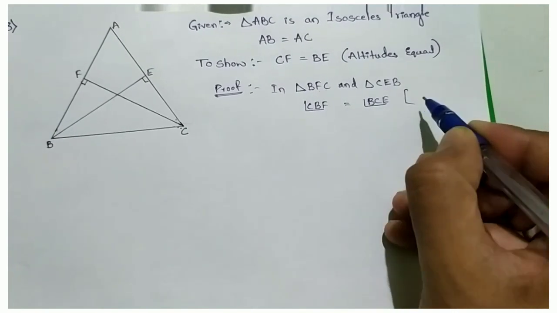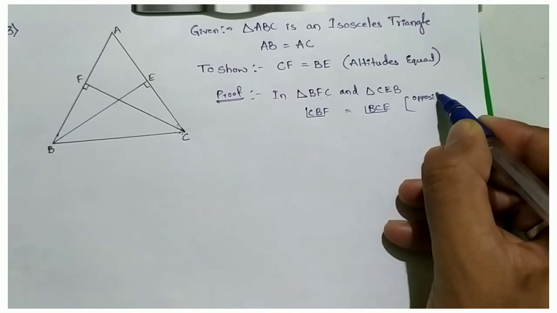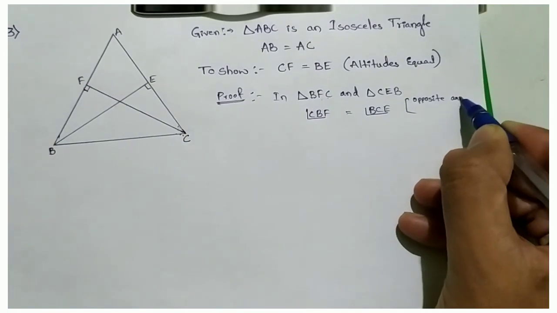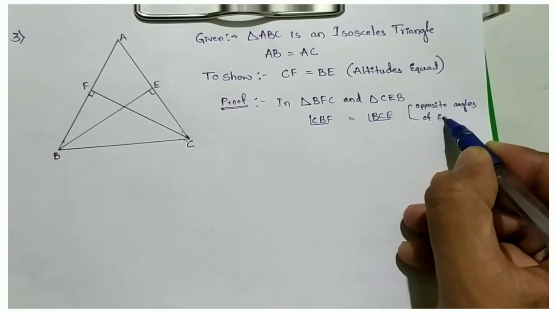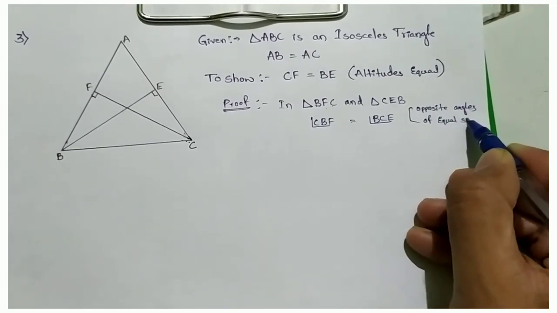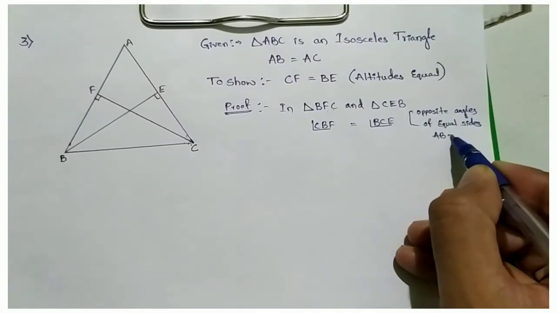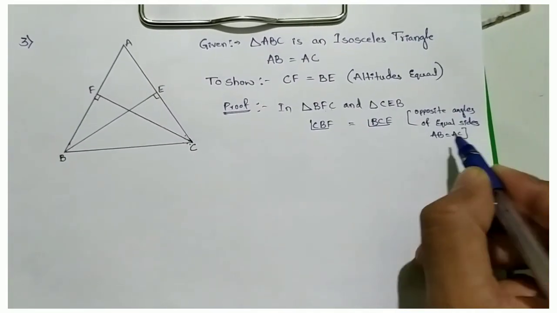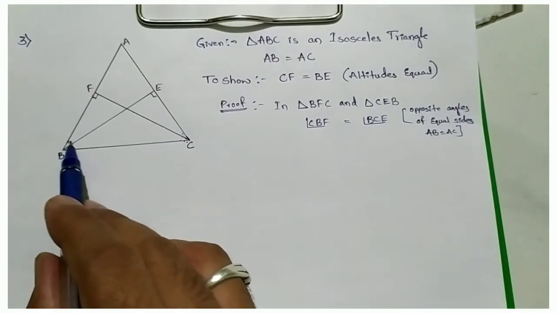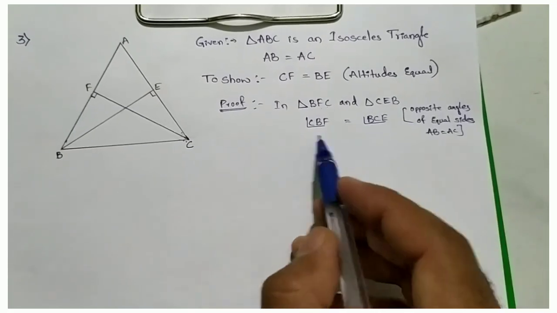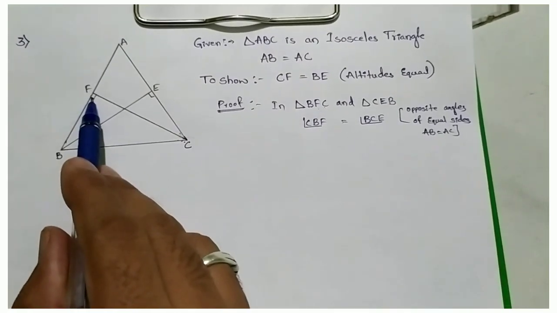Here you have to write opposite angles of equal sides. Which are equal sides? Those are AB equal to AC. For this AB equal to AC, we are getting the opposite angles. Those are angle B and angle C.